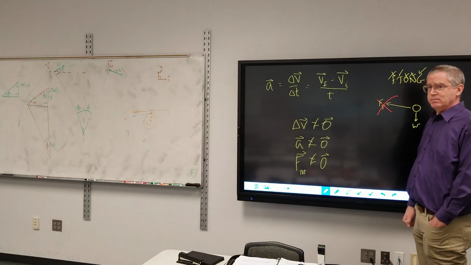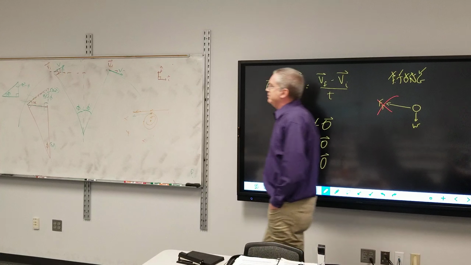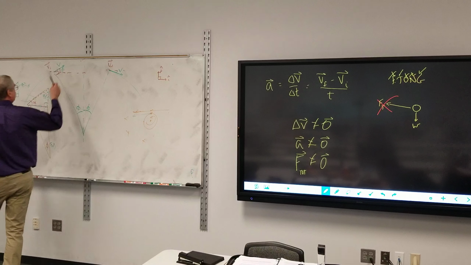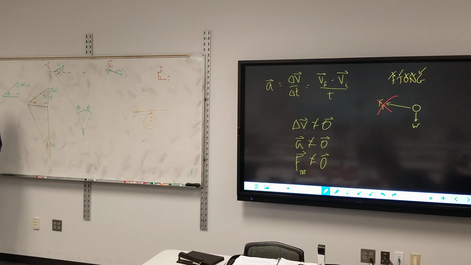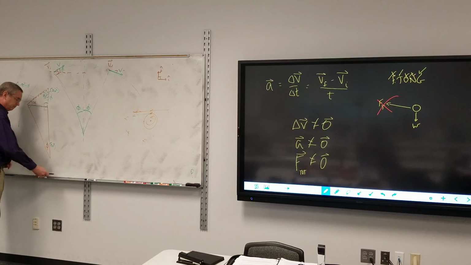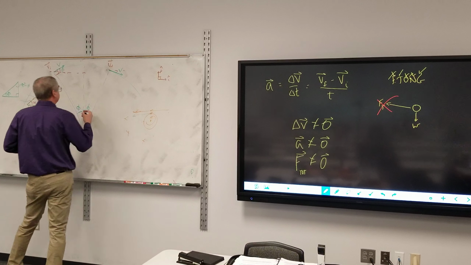All right, questions up to here? All right, so it is moving, so this is a right angle, because the path it's going in is tangent to the path. And we've established this angle is phi. So let's break up the vector.